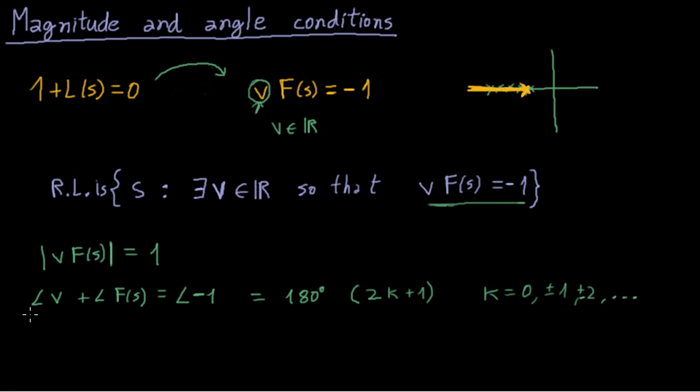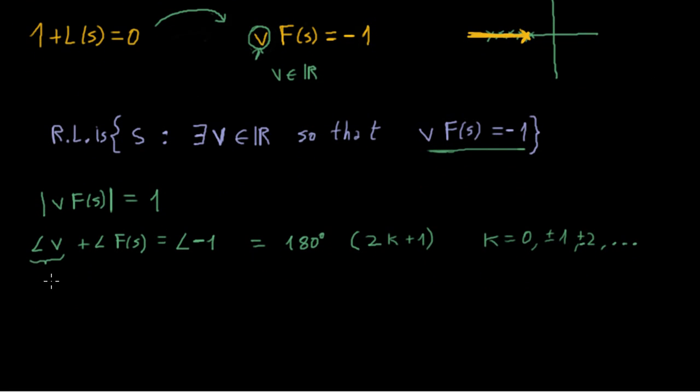Now let's move this term to the right hand side, and we find that the angle of f of s has to be equal to the angle of -1 minus the angle of v, which is going to be either 0 degrees or 180 degrees, because it is a real number.